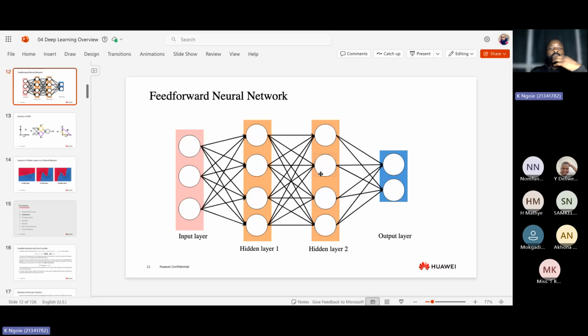Think about it this way: when you're looking at the neural network, the model is going to be changing all these weights, and as the value goes to the next layer, we don't want it to get to a point where the value is growing to a point where we cannot control it.